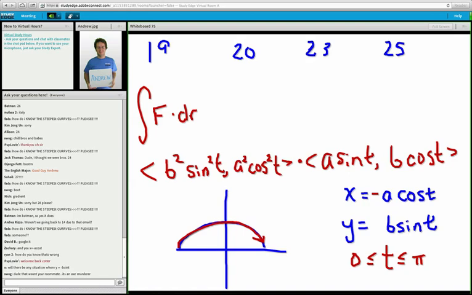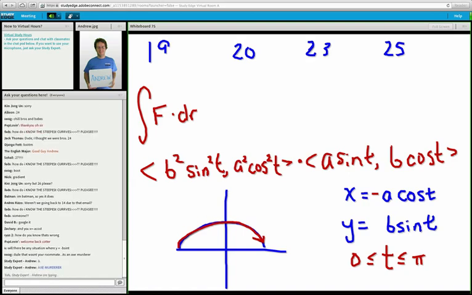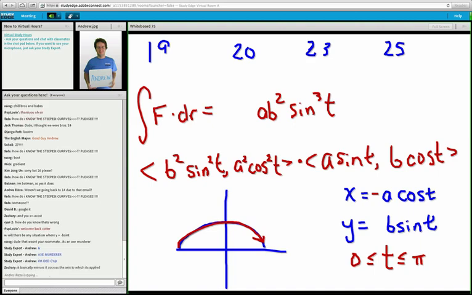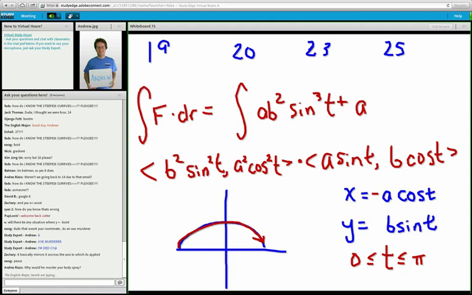So when I compute F dot dr, this gives me a b squared sine cubed t, plus a squared b cosine cubed t, dt.